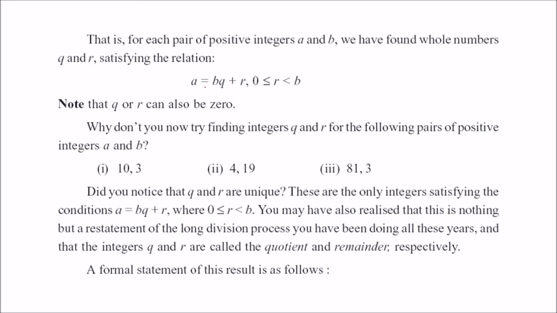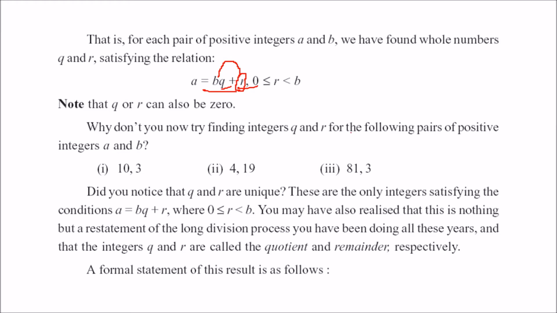So we have written each and every number in this form, a is equal to bq plus r, but we have to remember this remainder is less than b but greater than or equal to 0. And one more thing I need to highlight, q and r can also be 0.